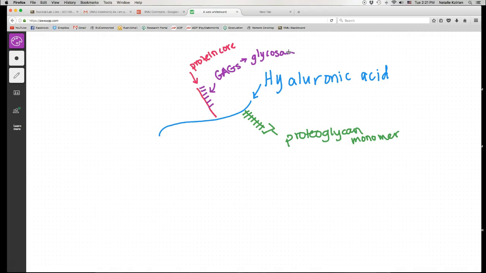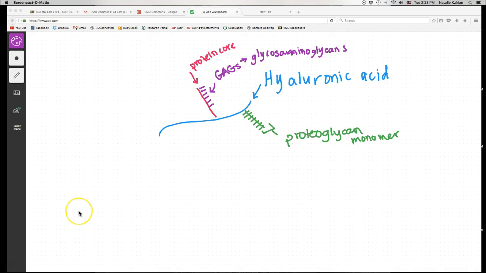Glycosamino. Is that word long enough? Now we have many GAGs within our body, but the one your book is going to mention is the chondroitin sulfate. So that's what they have pictured for you over here as your GAGs.